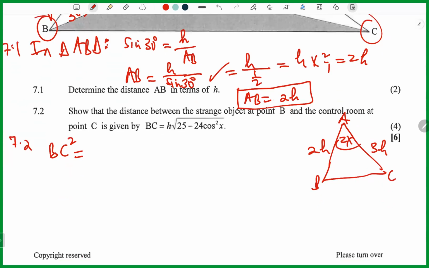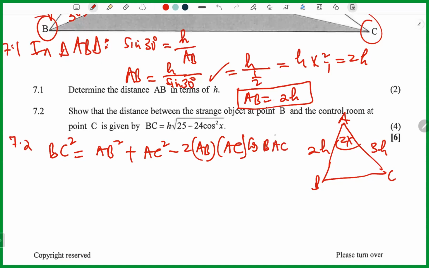So BC squared is AB squared plus AC squared minus 2 AB AC cosine of the angle BAC. Okay, this is called the law of cosines, or sometimes it's called the cosine rule.